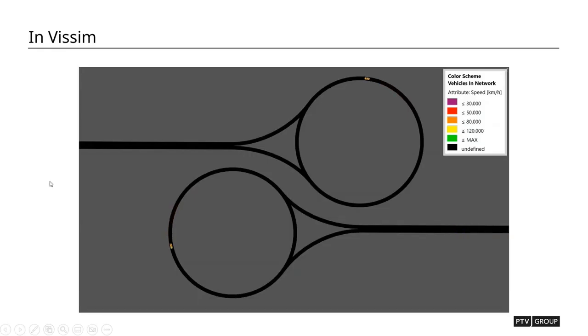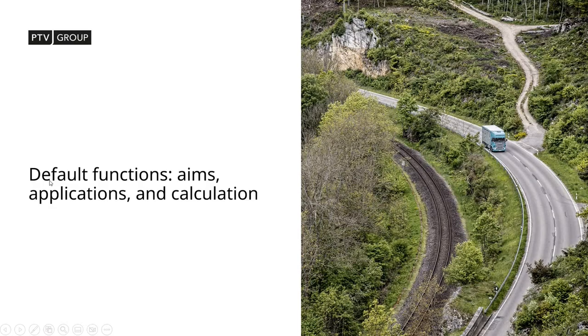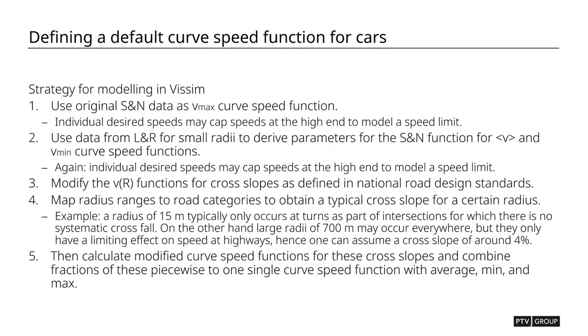And so we can go to the default functions. There is one for each vehicle type, and how they were calculated and what was assumed for that. So the strategy now, for the defaults at least, is that we use the original Schimmelpfennig and Nackenhorst data as Vmax.